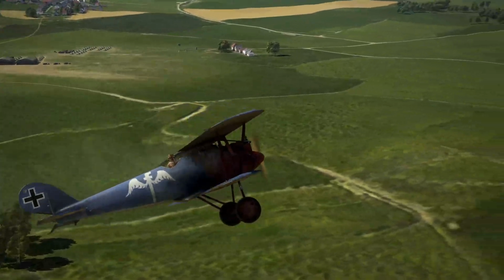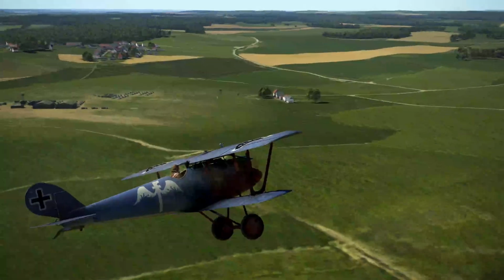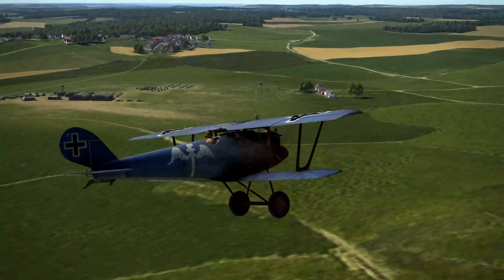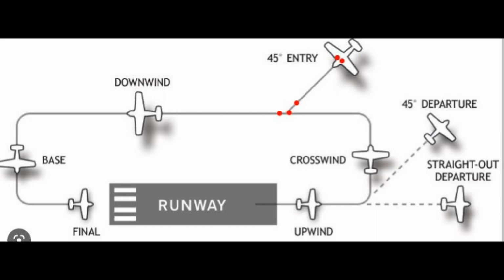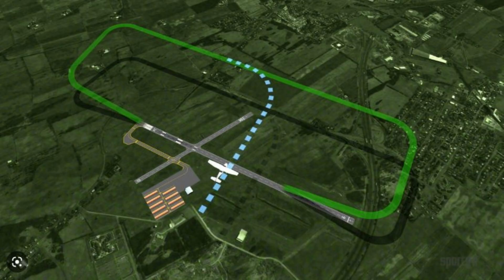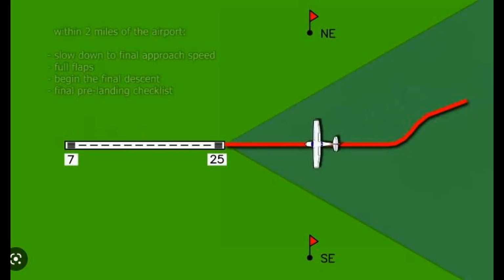And here we are turning from downwind to left base, shortly to turn to final towards the runway. When we return to the airfield from a sortie, we generally try to join the traffic pattern on the downwind leg. We can also cross over the center of the runway and join the downwind leg, or if we're lined up, we can come straight in on the final leg.